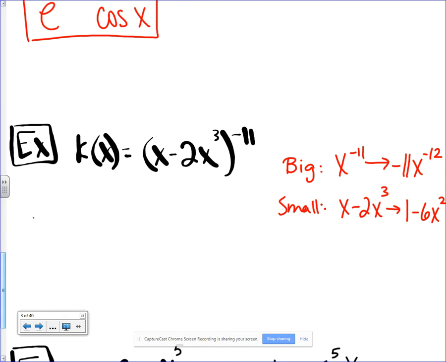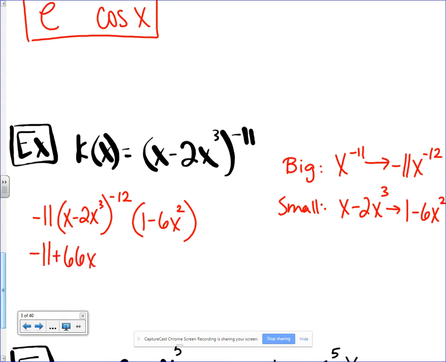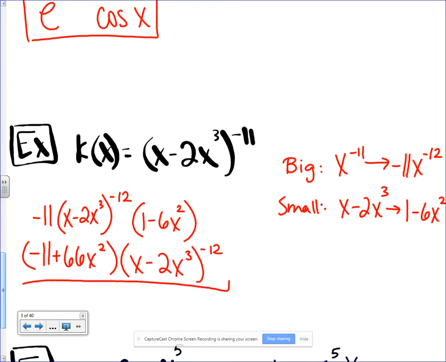Derivative of the big function with the small function inside times the derivative of the small function. Now I can distribute that negative 11 to the second set of parentheses because there's no power on it. And I still have to multiply by that other set of parentheses. So this would be my final derivative.